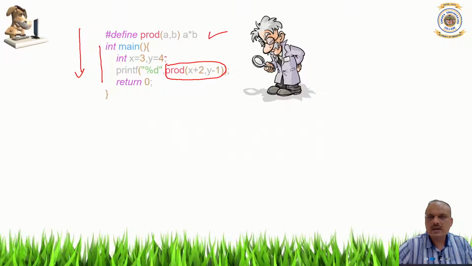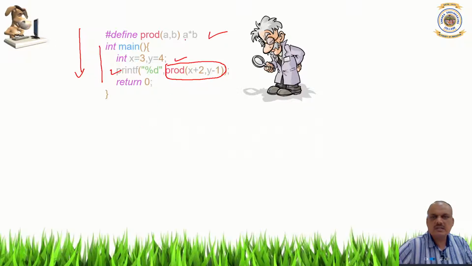Fine. Then the first line in my main function is int x = 3 and y = 4. So two integer variables x and y are being initialized with the integer values 3 and 4 respectively. Then I have this line where I have product(x + 2, y - 1).